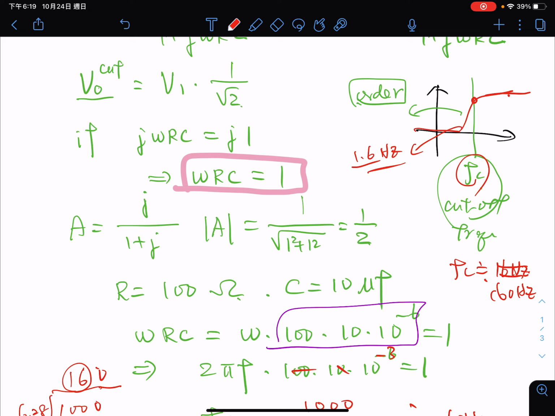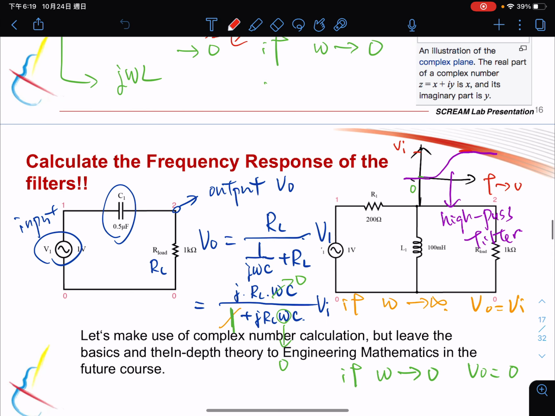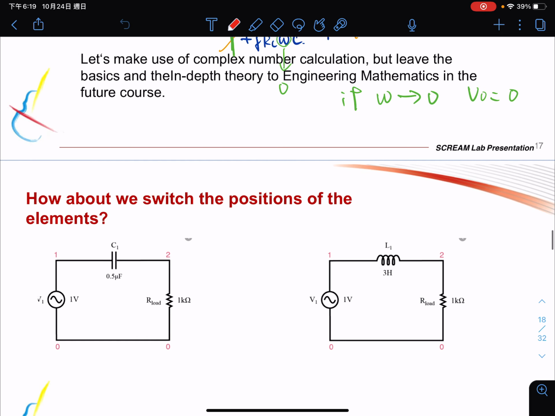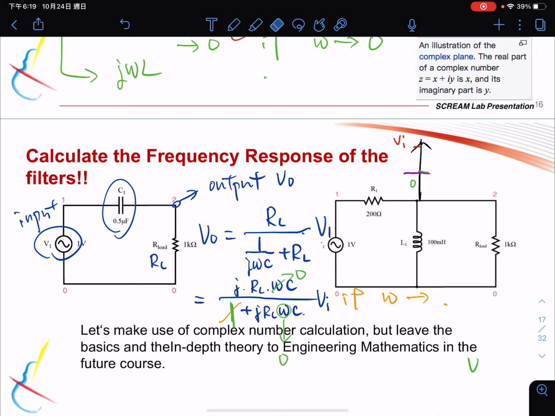And this part, we want to find 16 hertz. So this is the way to calculate the frequency response of the filter.